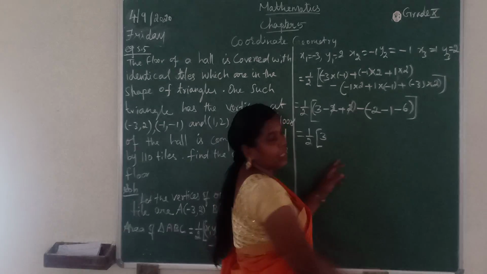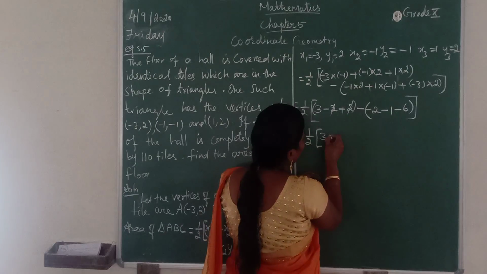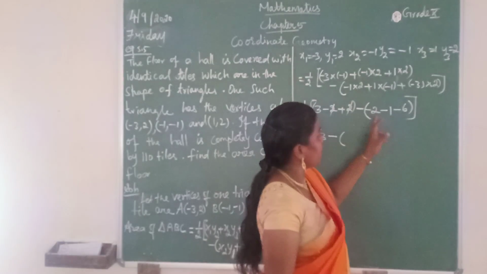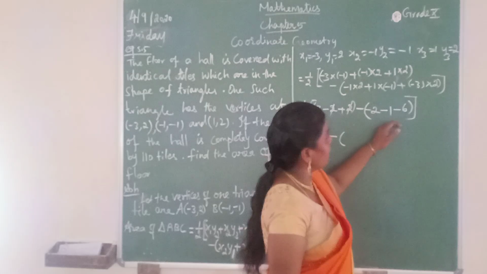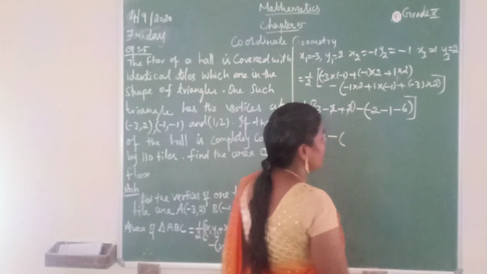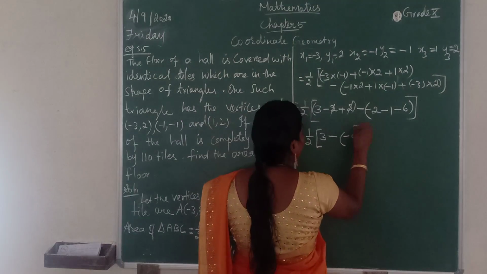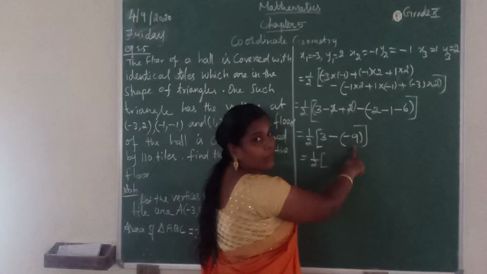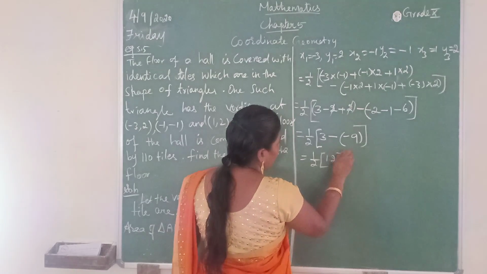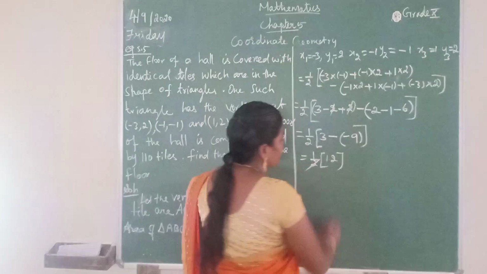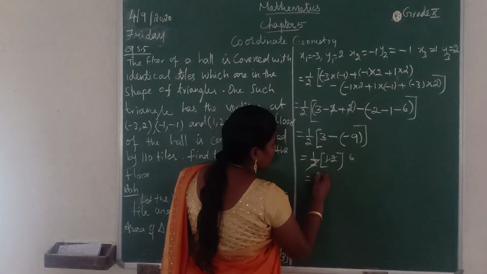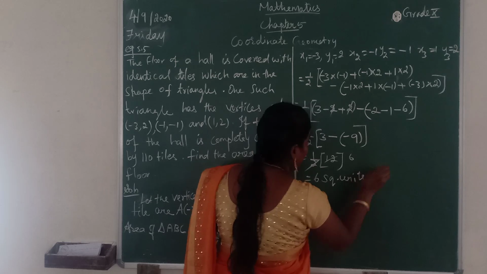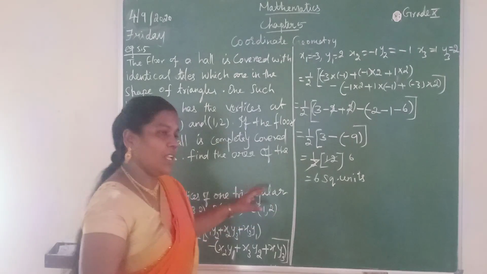Minus of, here all the terms are minus, so add them and give the same sign: minus 2 minus 1 is minus 3, minus 3 minus 6 is minus 9. Which is equal to 1 by 2 into 3 minus into minus, here plus, 3 plus 9 is 12. Let's simplify 2 and 12, we get 6, which is equal to 6 square units. It is the value for the area of one tile.